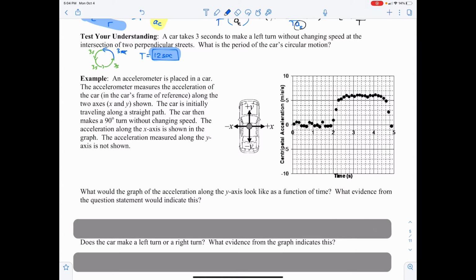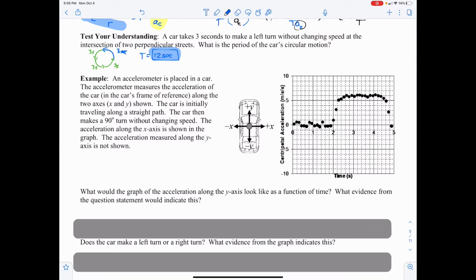The accelerometer measures the acceleration of the car in the car's reference frame along the two axes X and Y shown. So the car's reference frame means the car relative to the ground, not a person relative to the inside of the car. There's a difference. Person relative to the inside of the car appears to be at rest, but the car relative to the ground is moving.